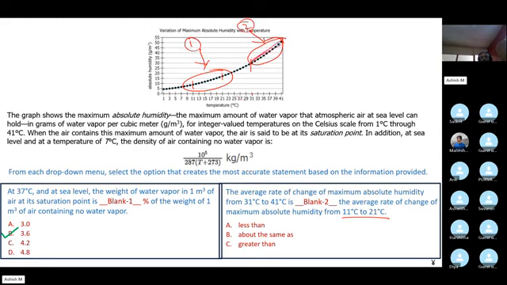Area 1 is much more horizontal than area 2. So clearly the slope is more in area 2. Area 2 is between 31 and 41, so the slope there is more than the slope between 11 and 21.